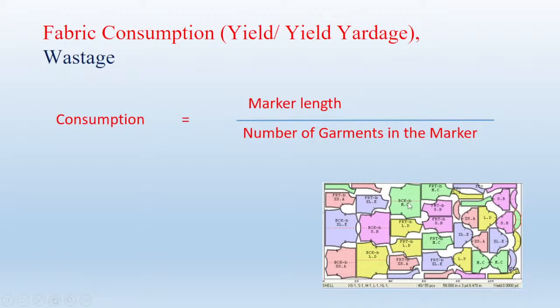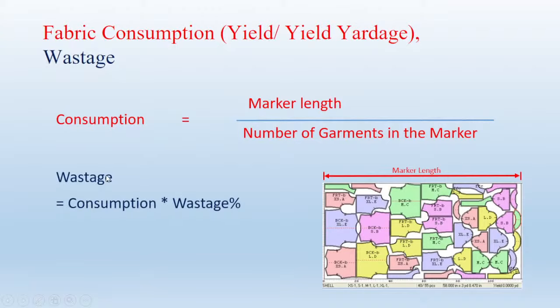You can see there are back panels 1, 2, 3, 4, 5. The 5 back panels means there are 5 pieces. All other necessary panels, necessary parts, but 5 pieces definitely are there, right? This is the marker length. From the starting point to the end point is called marker length. This length we have to divide by this number of pieces. That's how you get consumption, the per piece required fabric.